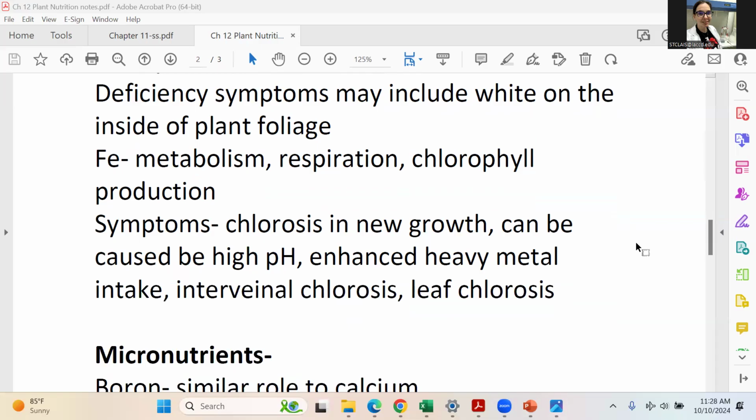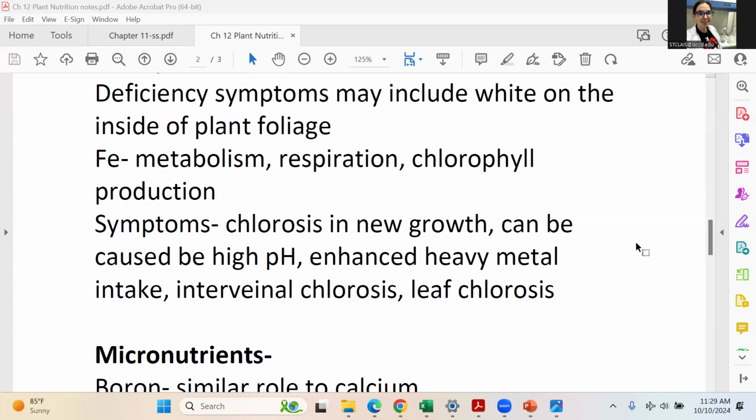They can be caused by high pH because iron is not available at high pH. There may also be enhanced heavy metal intake other than iron itself, interveinal chlorosis, similar to what we saw with magnesium, and leaf chlorosis or yellowing.